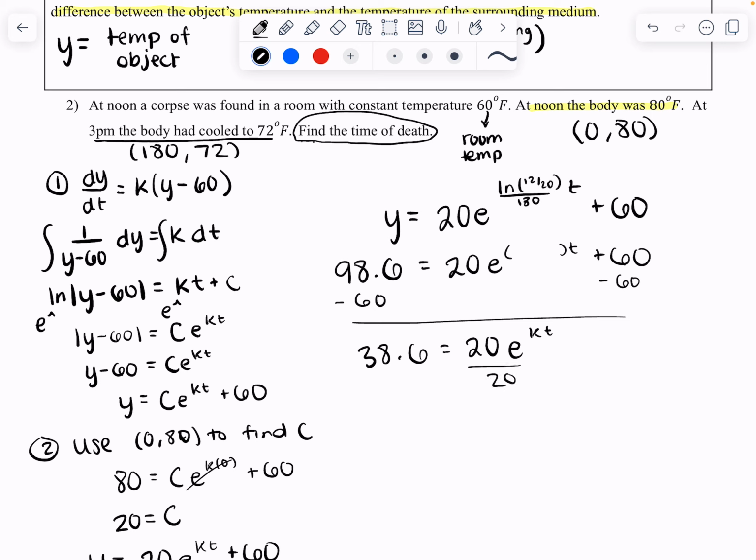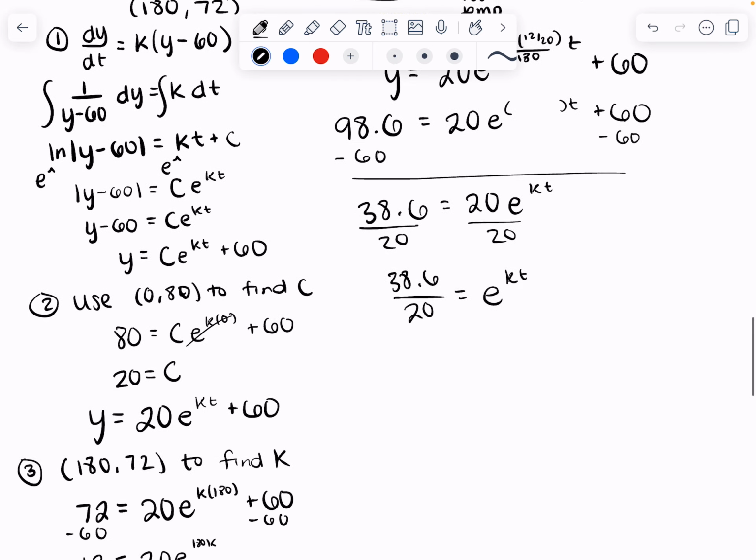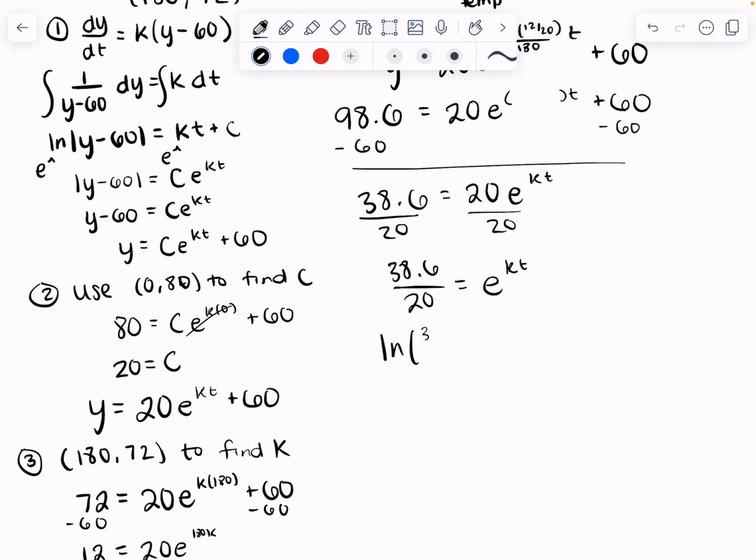Divide by 20. Divided by the k, and remember this I have stored. I don't actually have my calculator, but let's pretend I stored it in my calculator. Okay, so then I type that into my calculator.